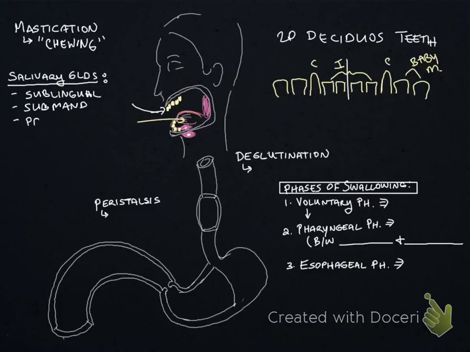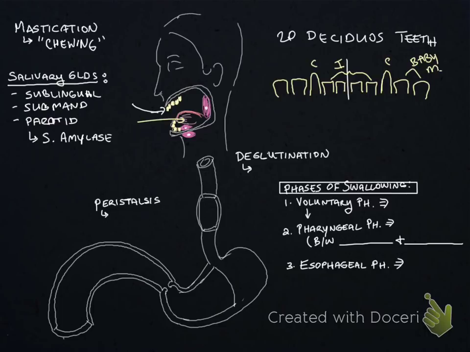And then we also have the parotid, which is right back here, the biggest of the salivary glands, and they make saliva. In the mouth, we have the first instance of chemical digestion. The saliva contains salivary amylase, which begins the digestion of carbohydrates, specifically starches.